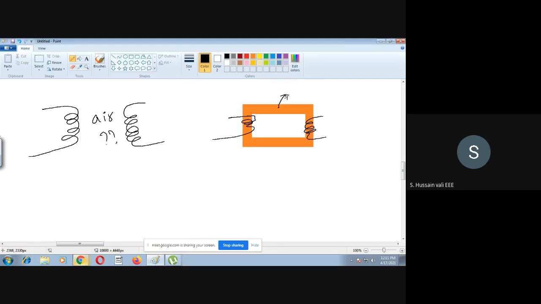Here the core is made up of some material, maybe iron or steel or nickel or any other metal other than air. So now the question is, which is a good conductor of electricity, air or the magnetic core?